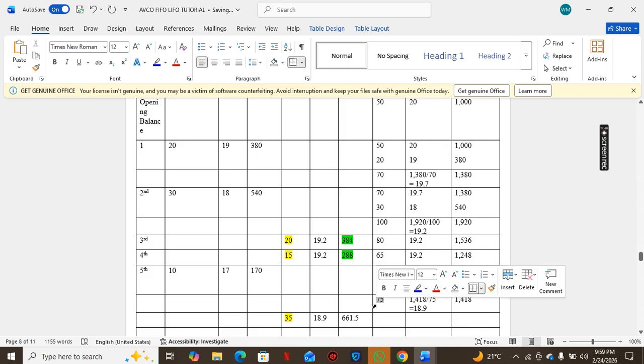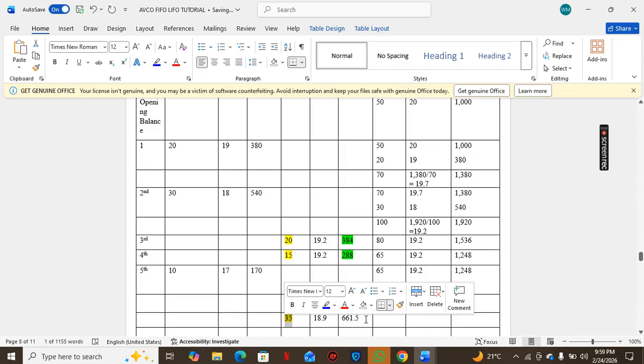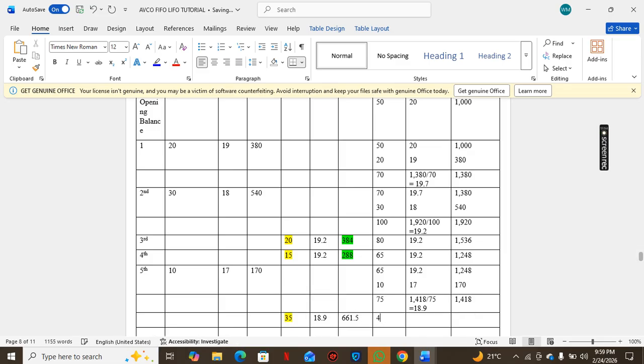So we had 75 goods. We've sold 35. So we remain with 40, valued at 18.9. 40 times 18.9, 756. So this is our closing inventory.